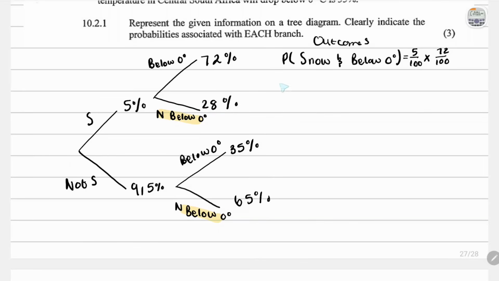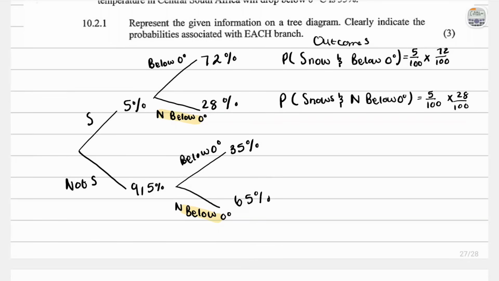We put them together because they are a single outcome: it snows and the temperature does not drop below 0 degrees. That is 5 over 100 multiplied by 28 over 100.